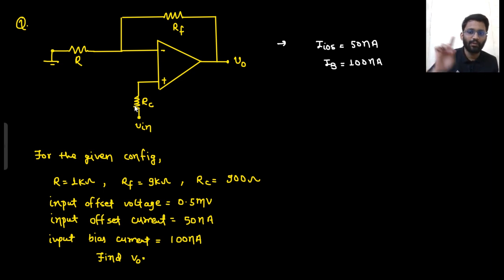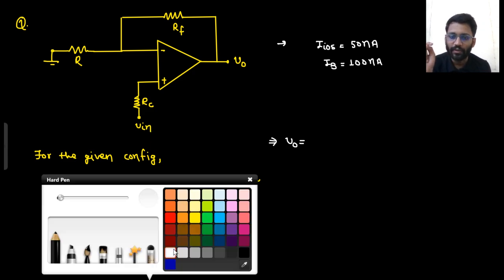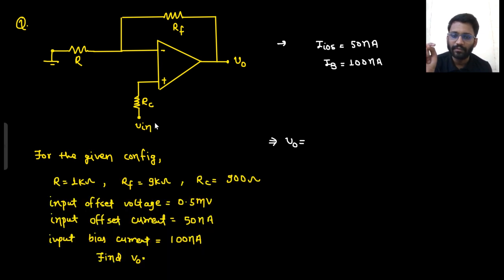Well and good. So let's write down the output voltage now. Final output voltage we are going to write. Okay, so what will be the output voltage? First I am going to consider only the input voltage. Is V in shown here? I did not even give the V in value. I should have given it. Let's just say that it is 1 millivolt. So I am only considering V in.